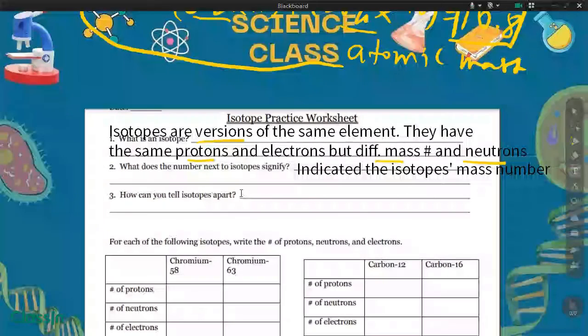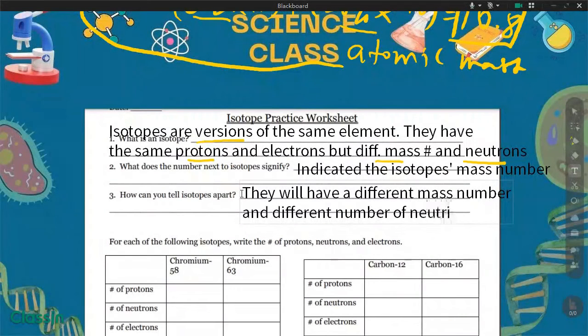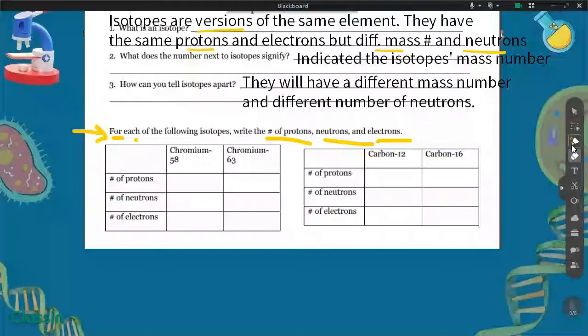How can you tell isotopes apart? They will have a different mass number and a different number of neutrons. Okay, so that's your isotopes.